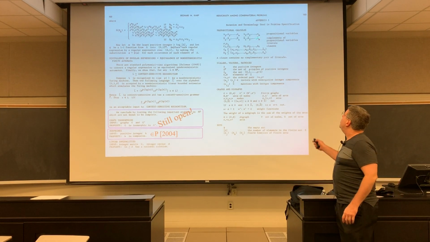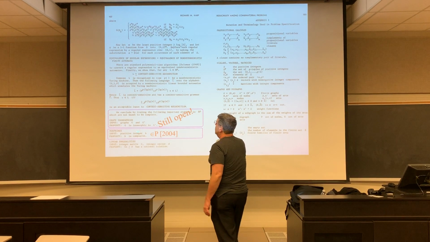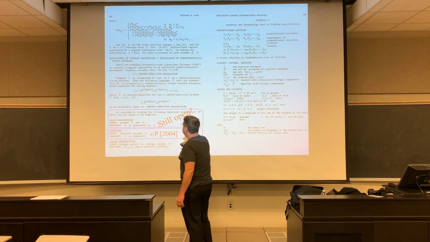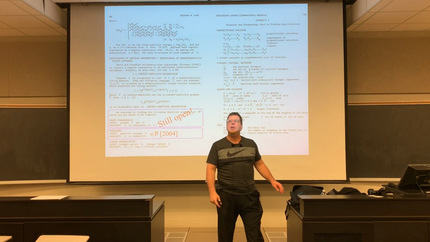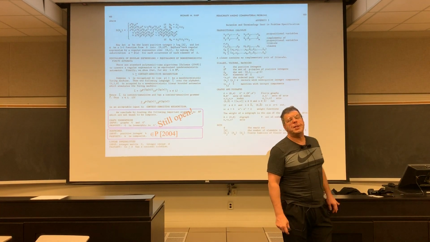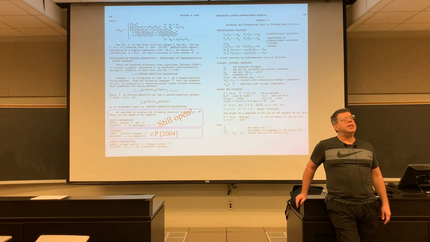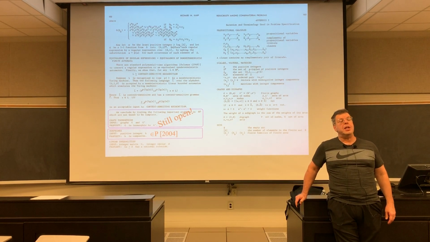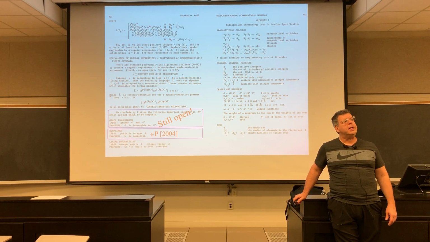But back in '72, when this paper was written, nobody knew whether primality testing is in P. Fast forward 30 plus years, and now we know it's in P. So primality is not necessarily as hard as NP-complete type problems, unless P is equal to NP, in which case everything is NP-complete, trivially.